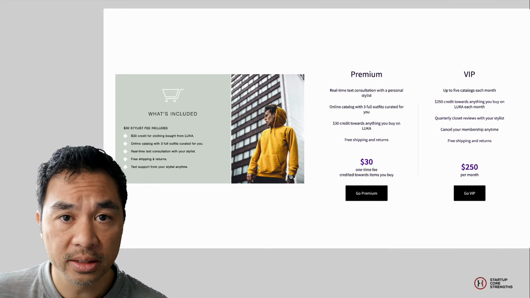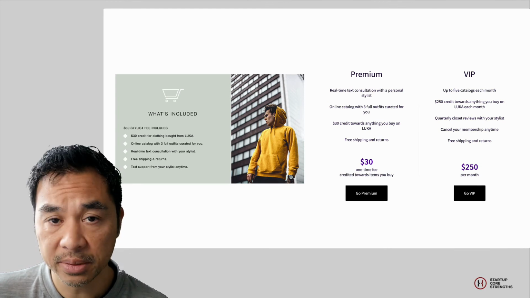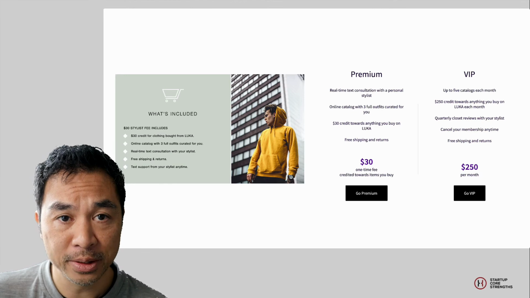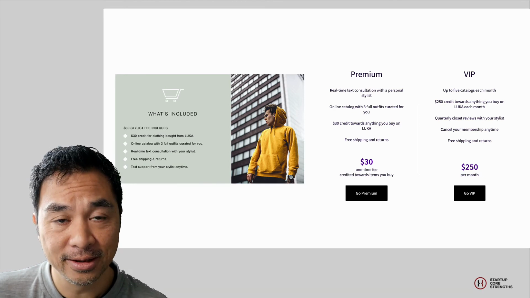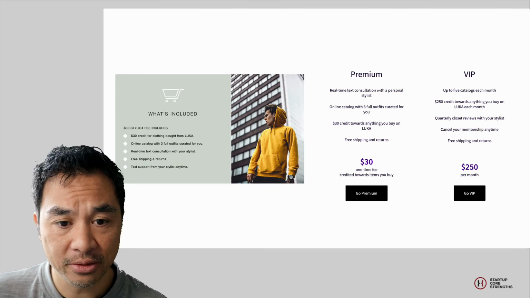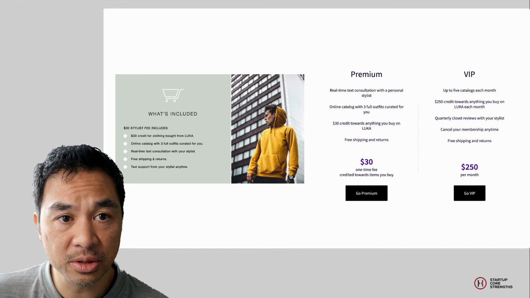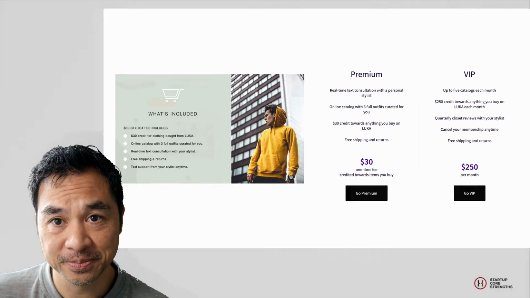So one of the things that we did is we created a VIP tier, which is much more expensive. And so now people are anchored. When you see the 30, that 30 seems quite reasonable, which it is, it's a reasonable cost, but it seems like a deal. And so that's some of the insights that we had to highlight on the pricing page.